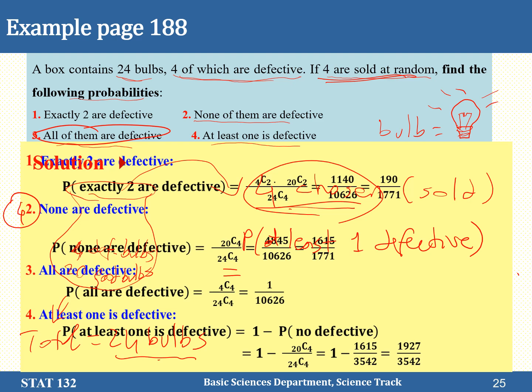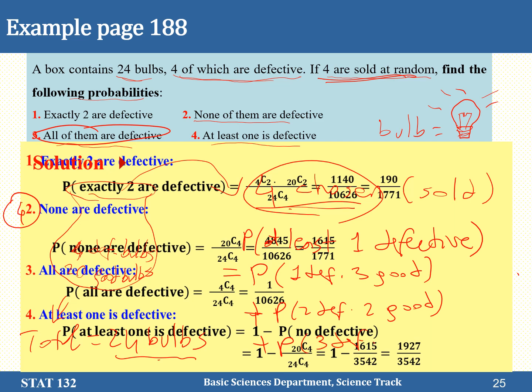Let's write it. At least one defective means one defective and 3 good, plus 2 defective and 2 good, plus 3 defective and 1 good, and maybe all defective here, 4 defective and 0 good.